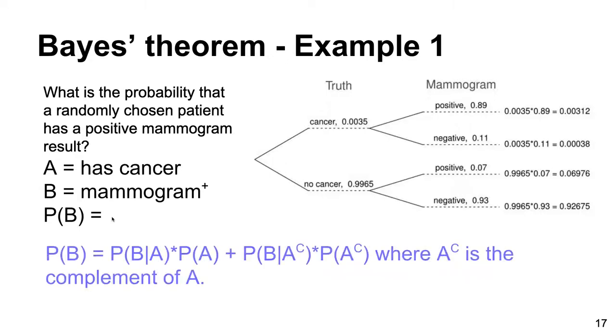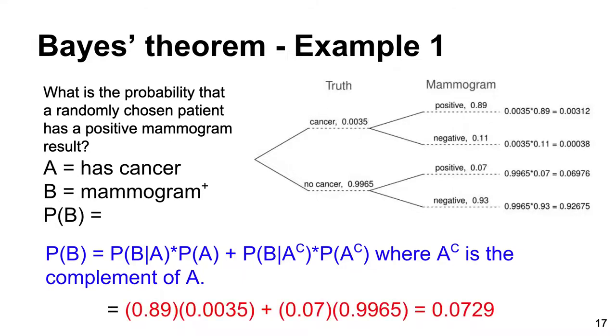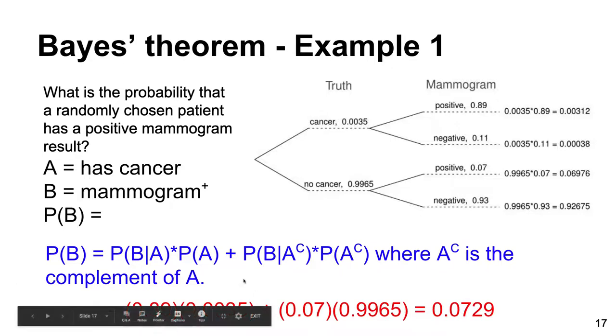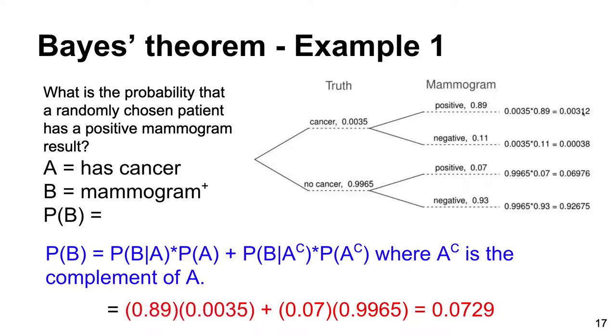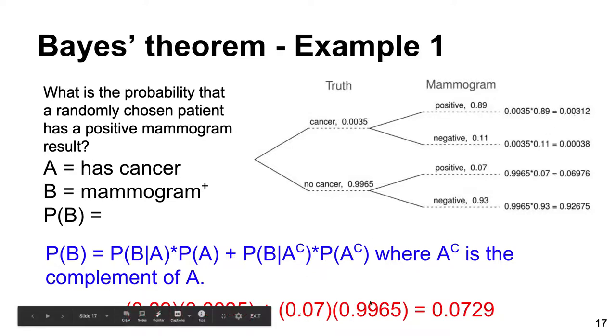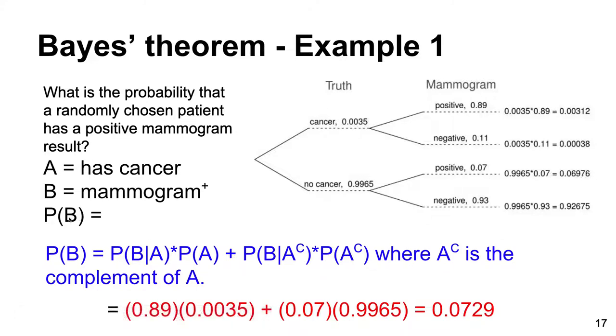Let's just do it. Okay? That's the symbolic language that you would use if you want to write it out like that. And here we have it. The first product right here is 0.0035 times 0.89. That's this joint probability. And down here is the second joint probability. I'm just going to add those. That will give me the probability of having a positive mammogram.